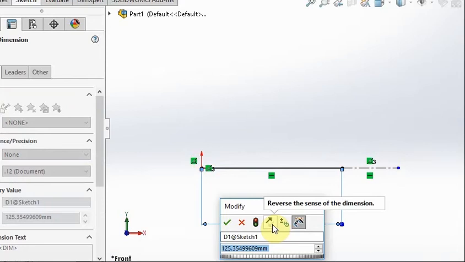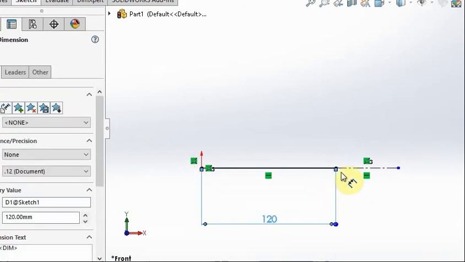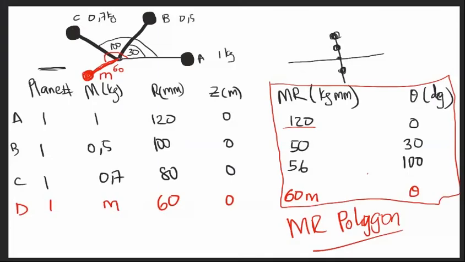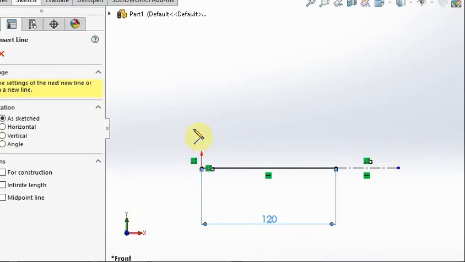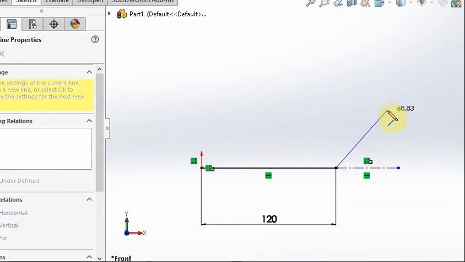Here we don't need a scale because we have the software. So the first one is 120, at an angle of 0, so it's a horizontal line. Following that, we have 50, at an angle of 30 degrees. So let's go and draw the 50.